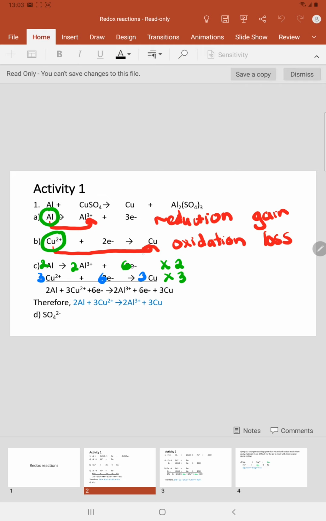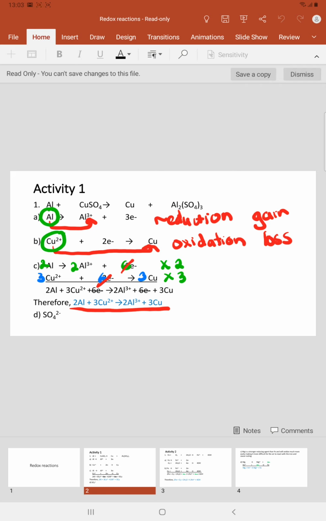Now that we have an equal number of electrons, these electrons can be removed from the equation. Therefore, our final answer for the net equation is 2Al + 3Cu2+ reacts to form 2Al3+ + 3Cu.